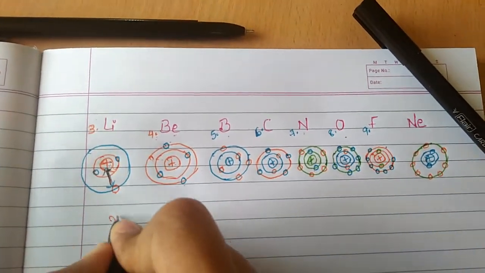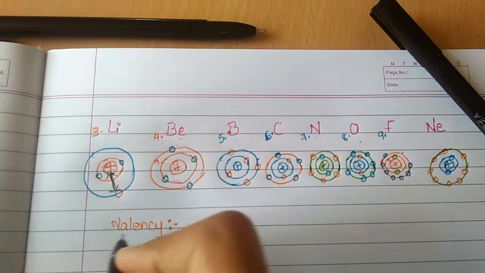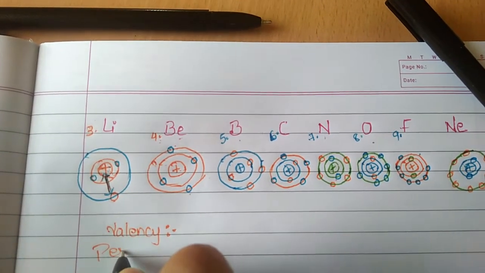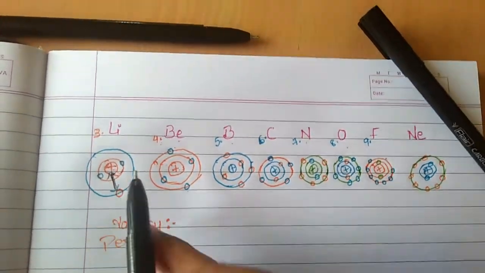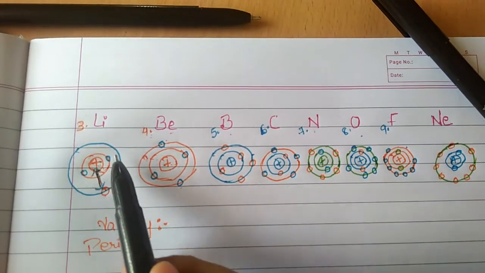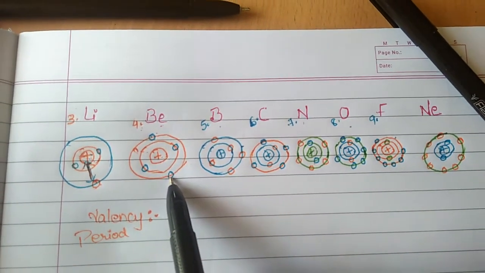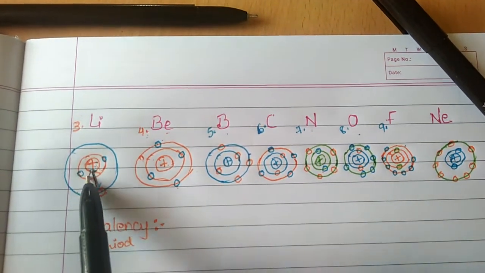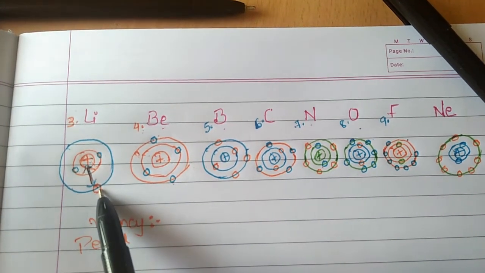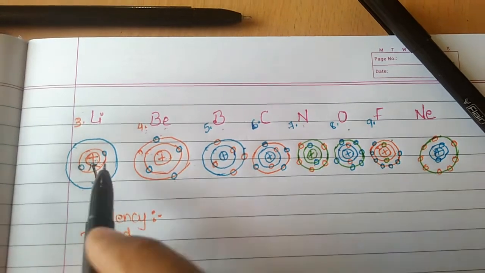So when we were talking about valency, what have we observed in this period? Yes, we have observed that the number of electrons present in the outermost shell is increasing by 1. The number of shells remains the same, but the number of electrons in the outermost shell increases by 1.